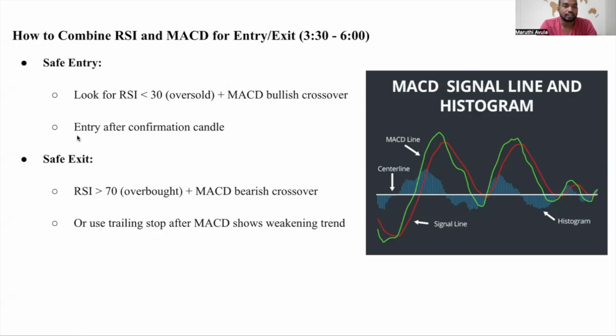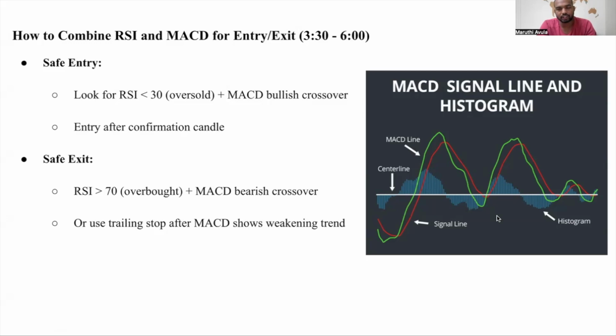And another thing, wait for the confirmation candle, meaning wait for the green candle to come for the entry, because we don't know how much more it is going to fall. Entry after confirmation candle.